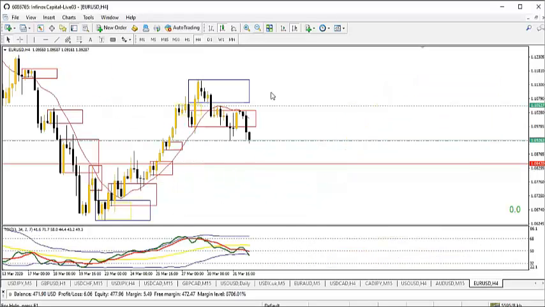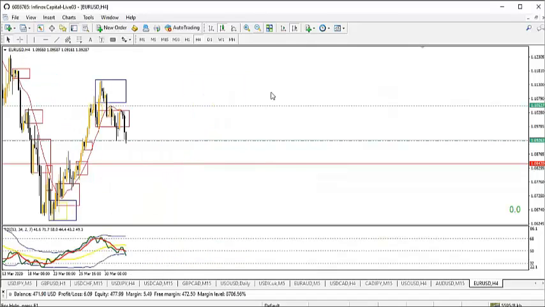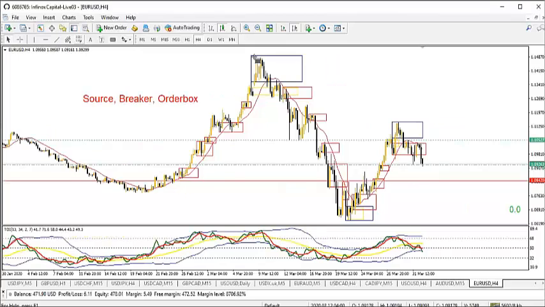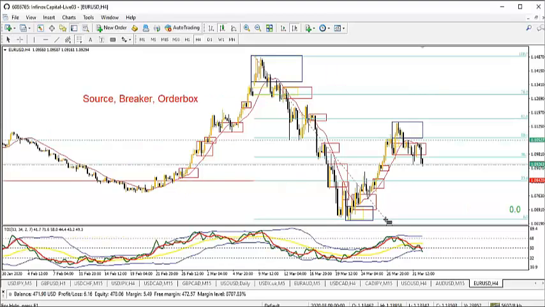And for you to even confirm more, using other tools, if you pull your Fib from here to here, you will notice that the market is in between the 50 and 61.8 area. So it has a strong retracement level.